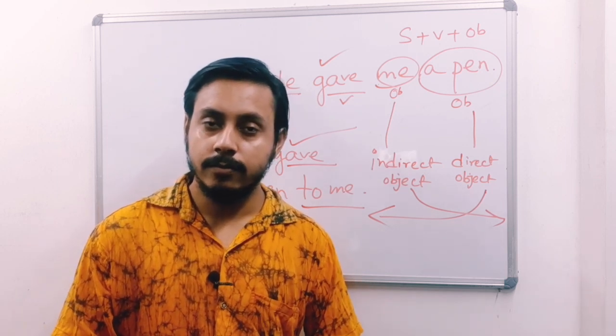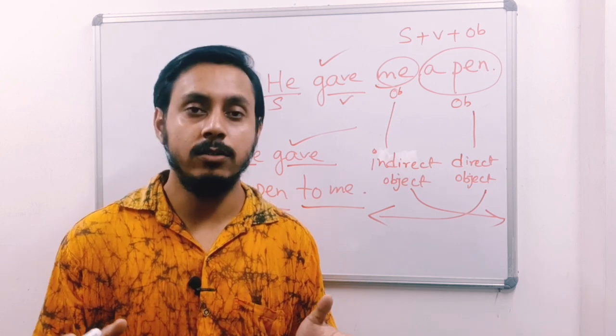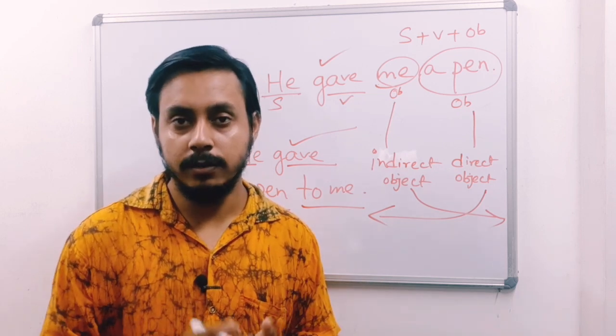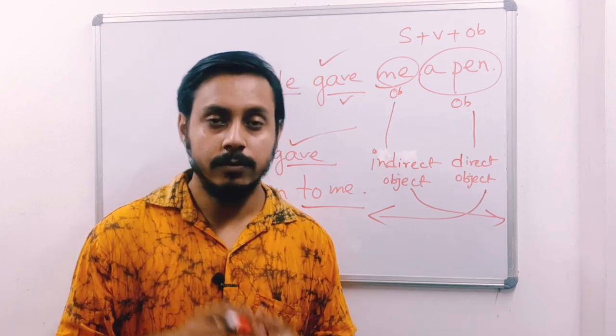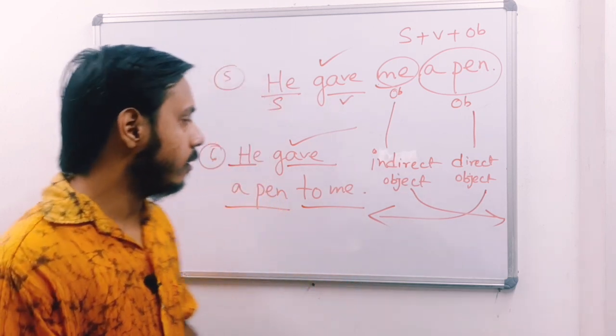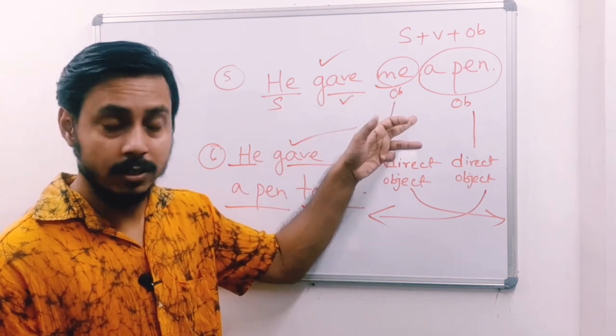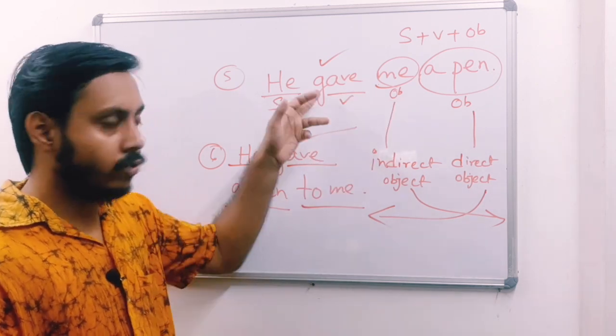And the verbs which cannot pass over the action from subject to object are called intransitive verbs. So here this verb has objects, two objects, that means it is a transitive verb.